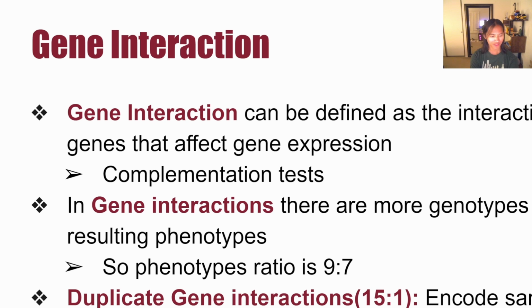And let's move into duplicate gene interactions. These occur when 2 genes that encode for the same product are redundant. This means that they cover the same product, and as such, you only need one to be dominant in order to fulfill one phenotype. Okay.